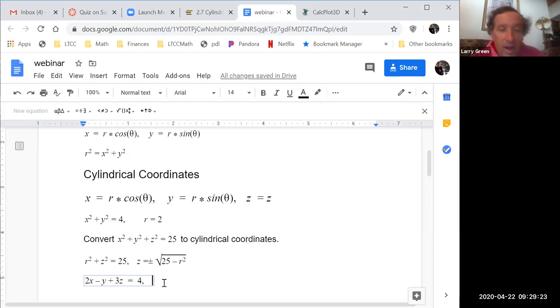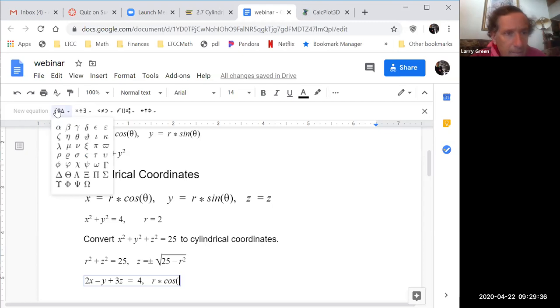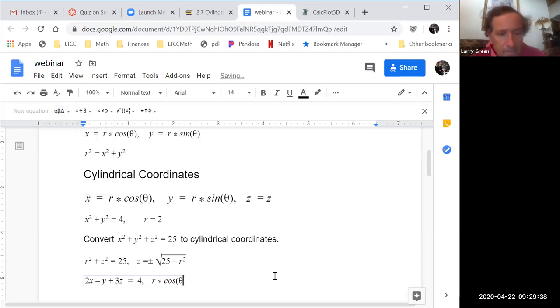And there you actually have to use the formulas. x is r cosine theta. And then we need a 2 there because it was 2x.